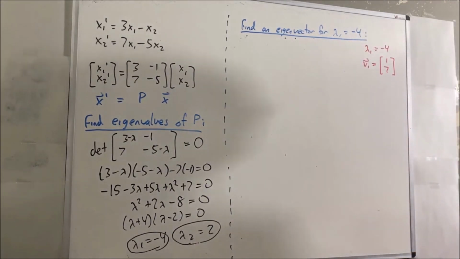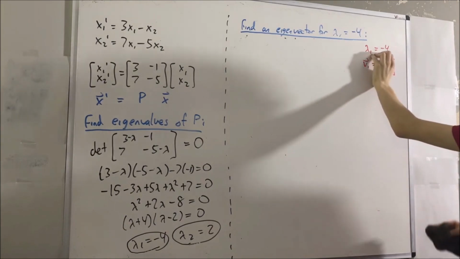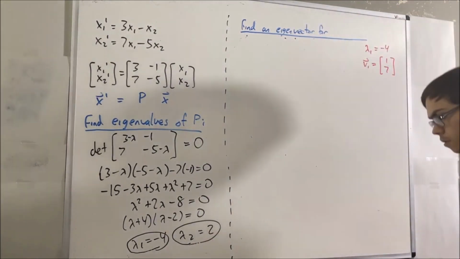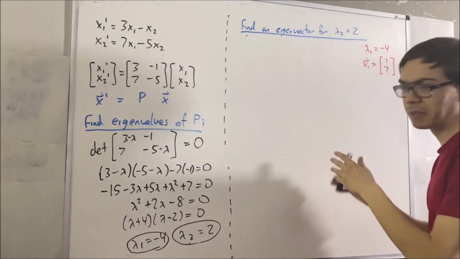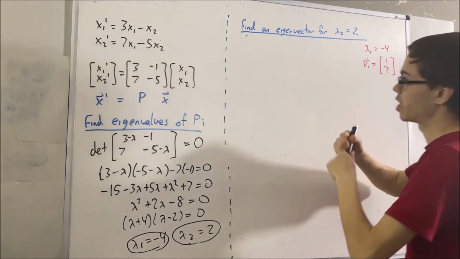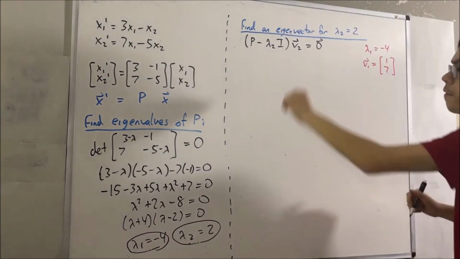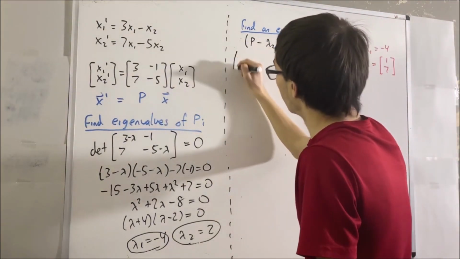And so now that we've determined an eigenvector for lambda1, we need to determine an eigenvector for lambda2. We're basically going to do the same thing that we just did. We're going to use the same matrix equation that we used before, where V2 is an eigenvector corresponding to lambda2.